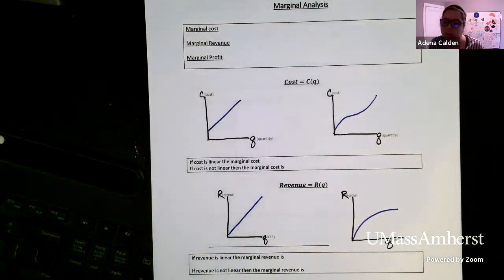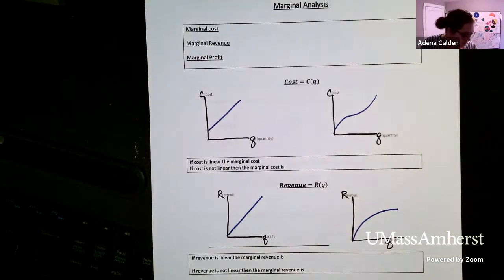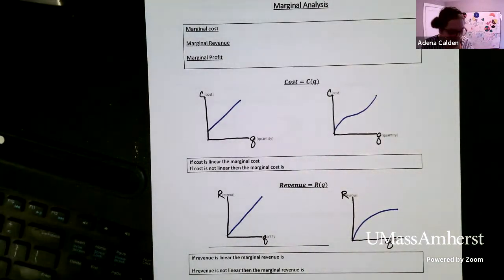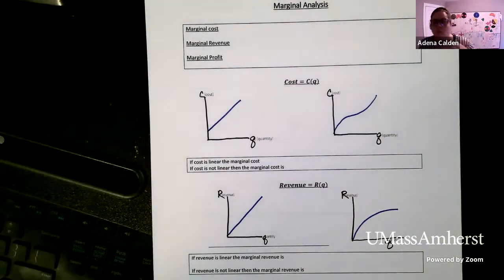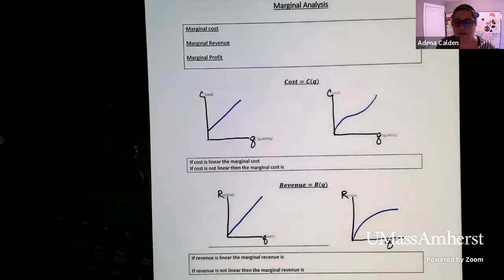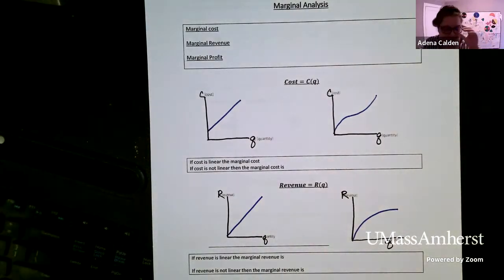That was the rate of change that we knew at that point. However, we've now done some work and we know more about other types of functions that are not linear. So we're going to talk about what marginal analysis looks like if you have something that maybe isn't linear.